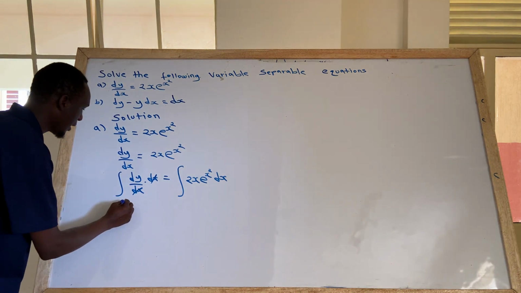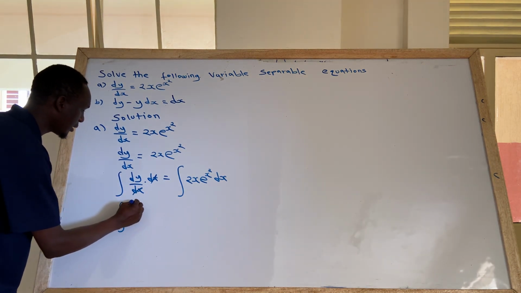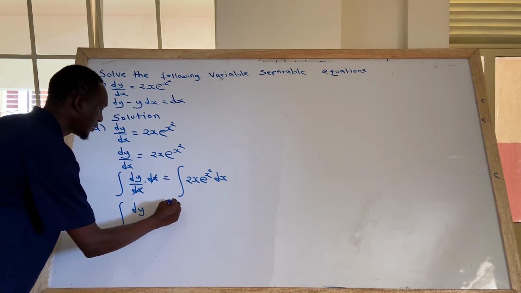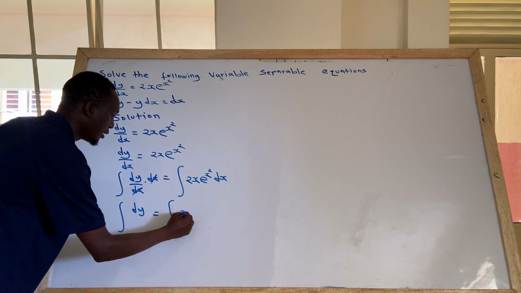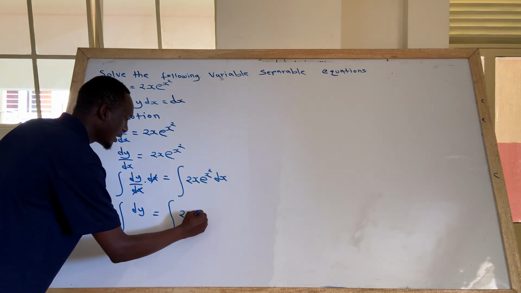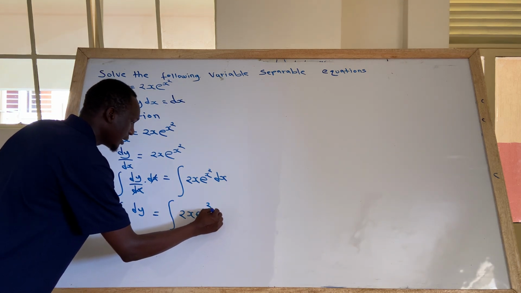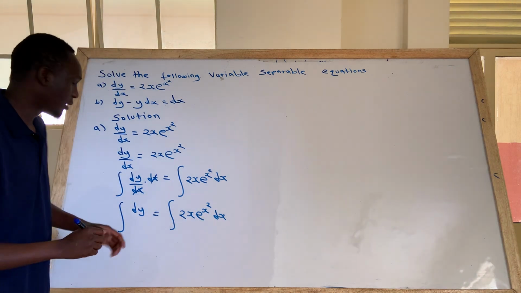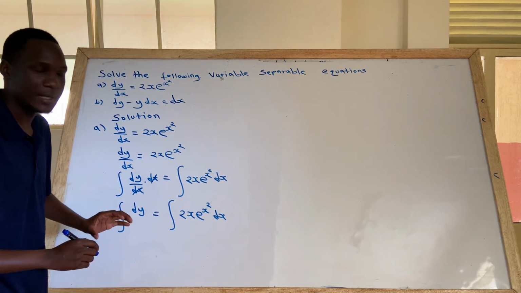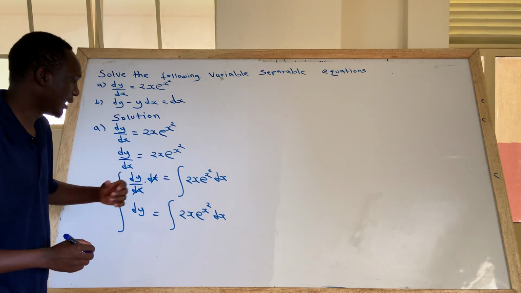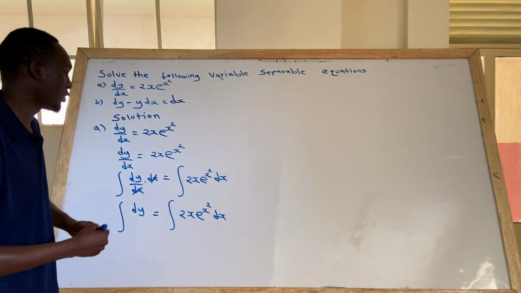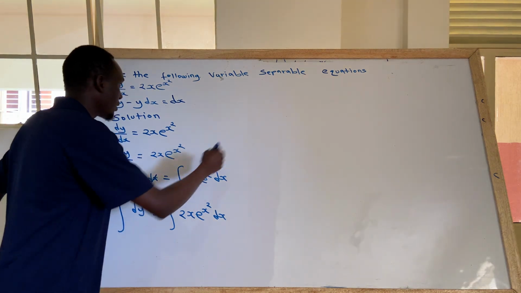Therefore, on this side we have the integral of dy is equal to the integral of 2x e raised to x squared dx. Now let's solve the left side separately, and later on we'll solve the right side and join the equation together. So let's start with the left side.